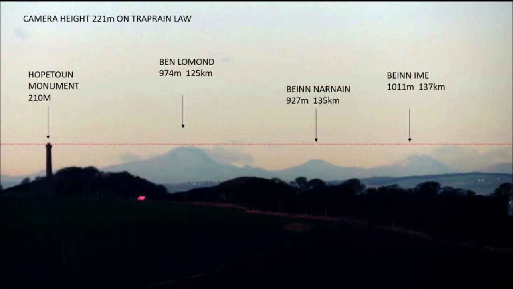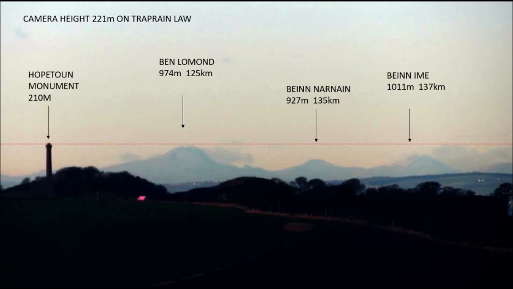It was taken quite a while ago now, a couple of years ago. I was on a hill called Traprain Law in Scotland. It's in East Lothian if you want to track it down. And Traprain Law is 221 metres above sea level at its summit.